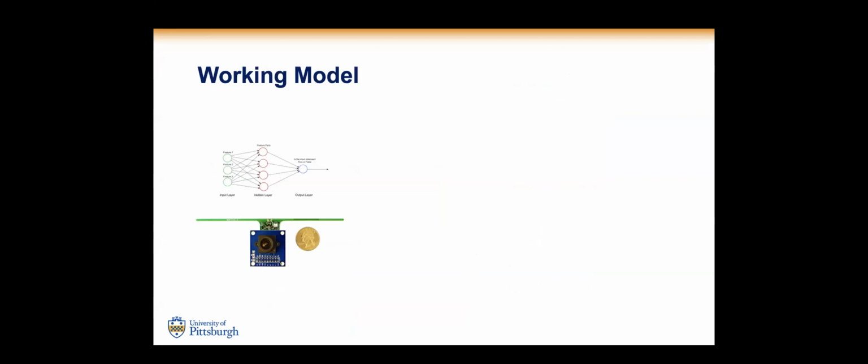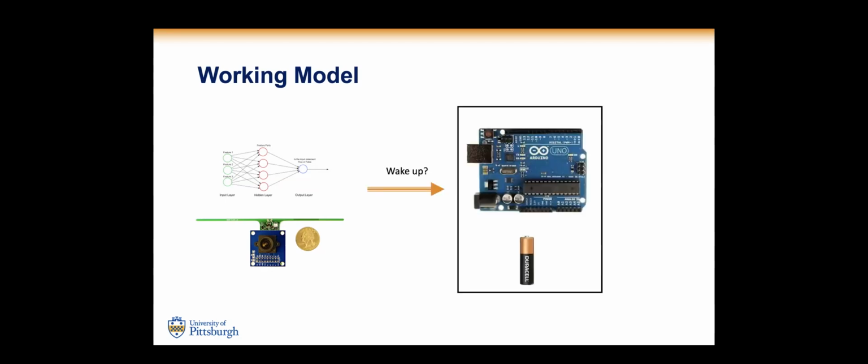So the model we are envisioning is that if we can have energy harvested from the environment and run a deep neural network model on these embedded systems, usually either this system is going to make a decision by itself, or this system can be used to wake up a larger device which is powered by battery.